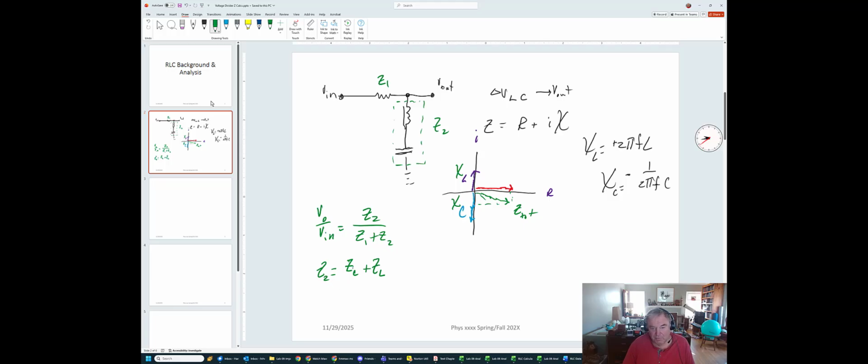Now, these are magnitudes, and so we don't care about the signs. They're both going to be positive. And no, give me a minute. Let me make sure I'm doing this right. Yeah, that's right.